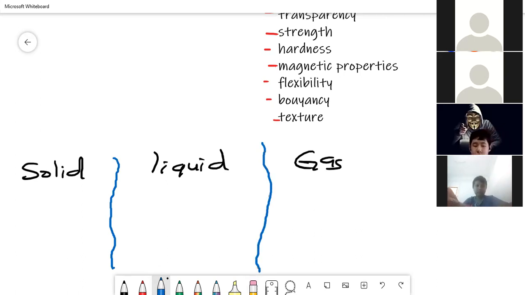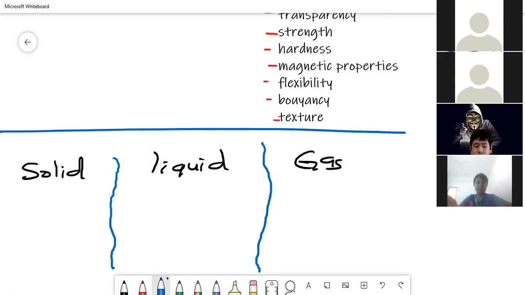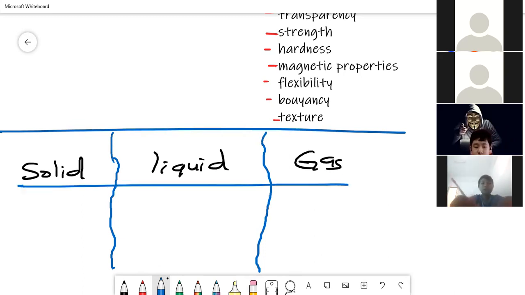Now, number one, the object is non-living things. Computer. Solid. So put here computer, solid.